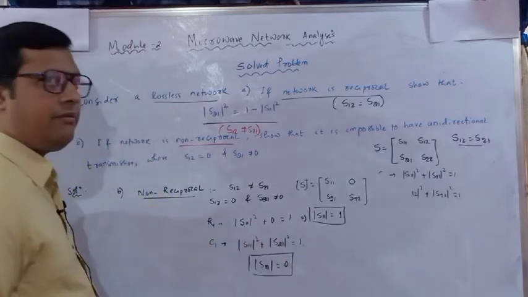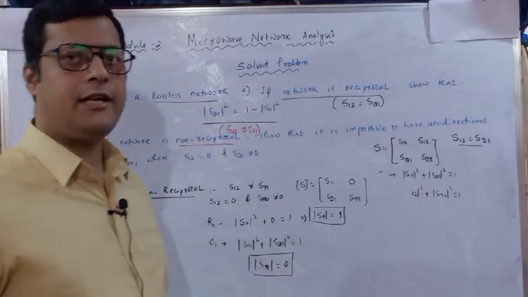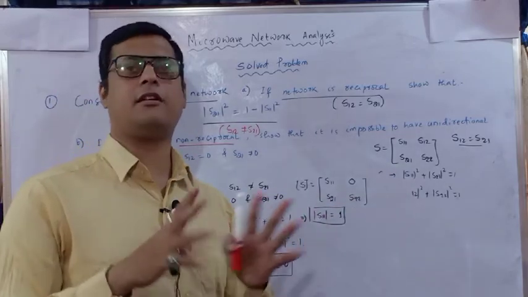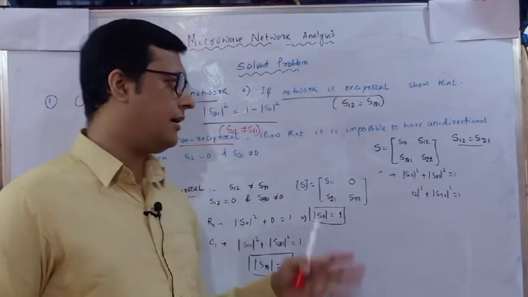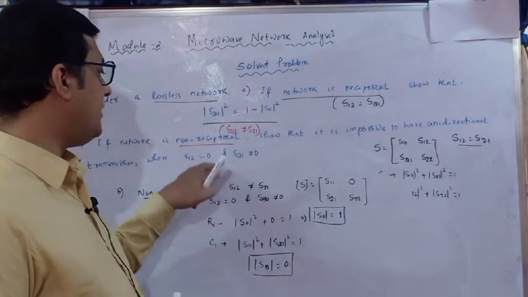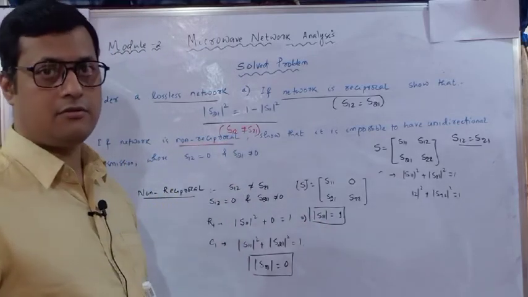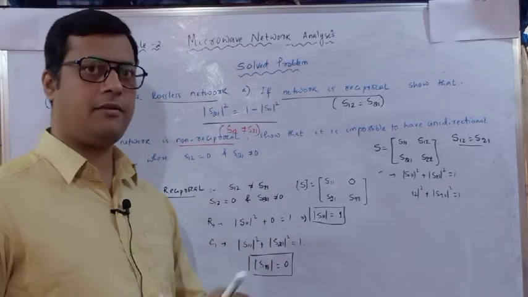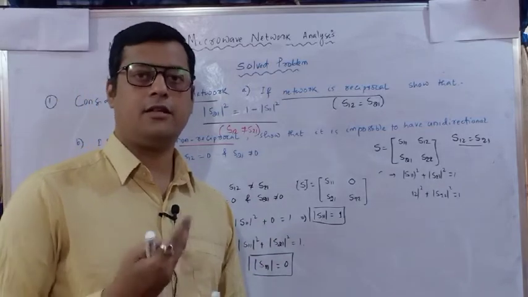Now if S21 is 0, that means it is impossible to have a unidirectional network. From both sides we are transmitting the information, but depending upon the condition, as the condition given is S21 is not equal to 0. If I substitute S21 as 0, my scattering parameters will change according to the lossless network.